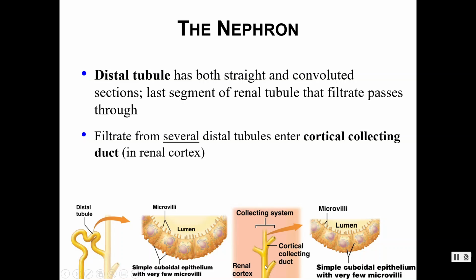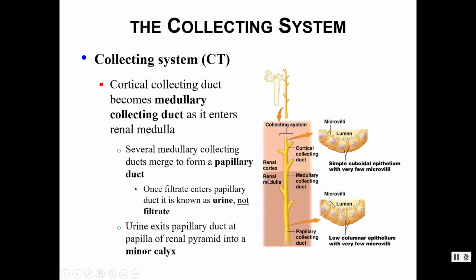Now, the collecting system itself, you might see the abbreviation just CT. This is composed of the cortical collecting duct, which we just talked about. That will eventually turn into the medullary collecting duct because it's going to continue to go down.